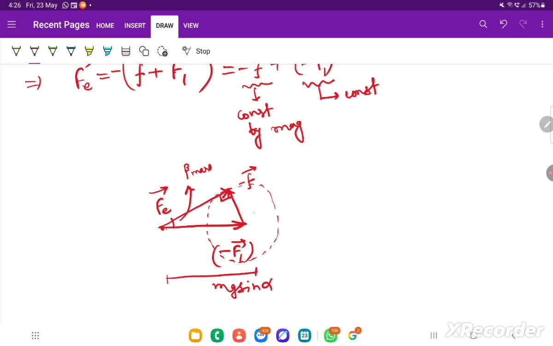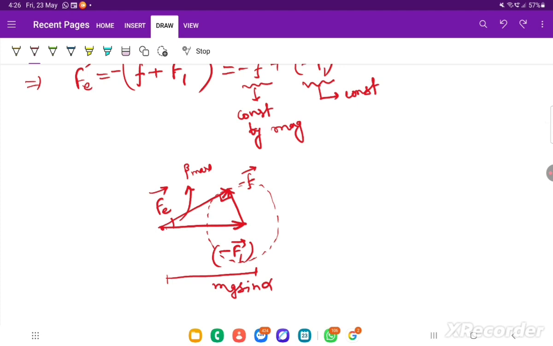Because you can imagine if minus F is something like this, then also you will get an angle less than beta. If minus F is somewhere here, then also you will get an angle less than beta maximum. So I'm not going to mathematically prove this, but it's evident from the figure that the maximum of beta will occur when Fe is tangent to the circle I have drawn.